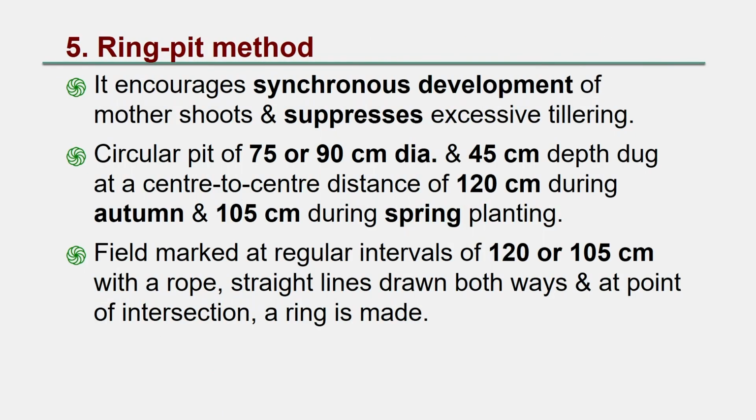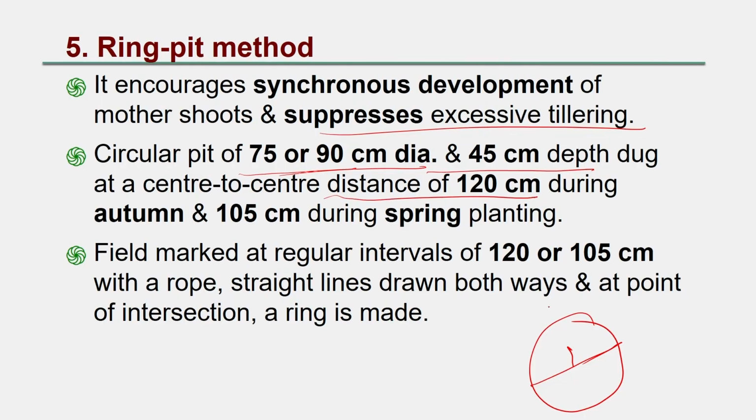Ring pit method: it encourages synchronous development of mother shoots and suppresses excessive tillering. A circular pit of 75 to 90 centimeter diameter and 45 centimeter depth, means like this. This is the circular pit, and it should have 75 or 90 centimeter diameter and 45 centimeter depth, and the center to center distance should be 120 centimeter.